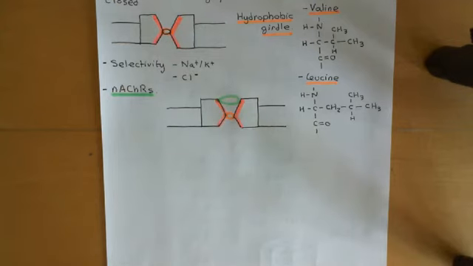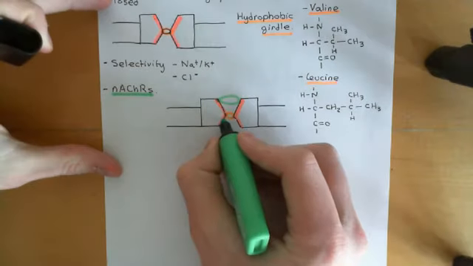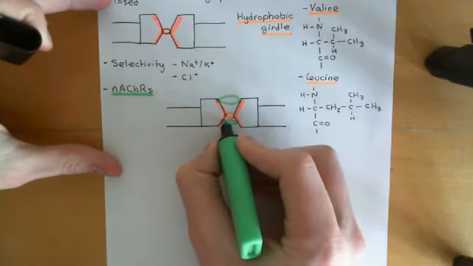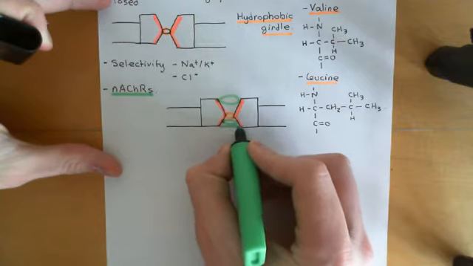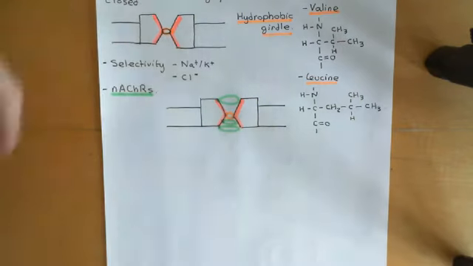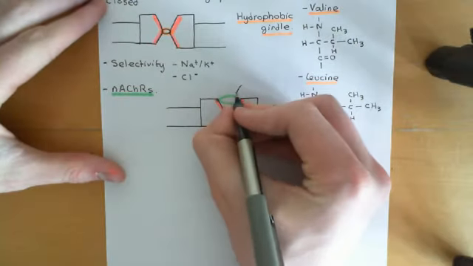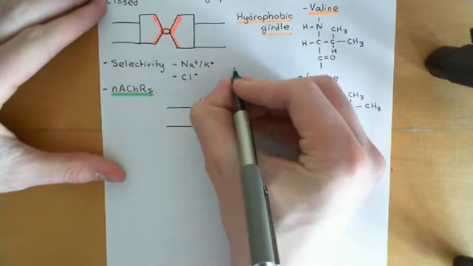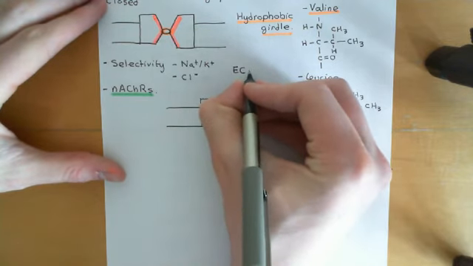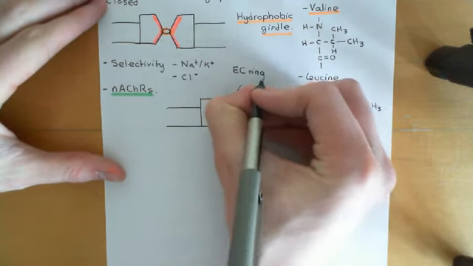Now they don't just have one of these rings, they actually have 3 of them. 2 of them are on the sort of cytoplasmic side down here. There's one, and there's another one there. These rings of negative charge are in fact given names. The one on the extracellular side here is known as the extracellular ring, and I'll abbreviate extracellular down to EC.